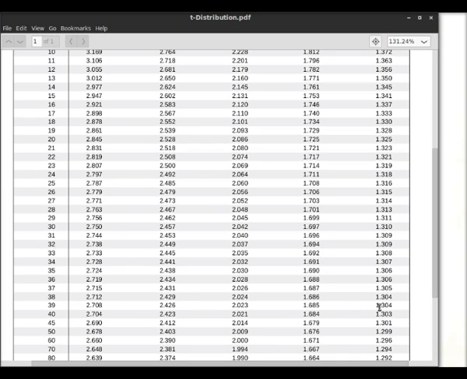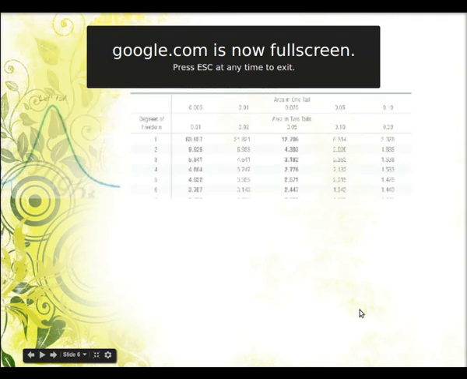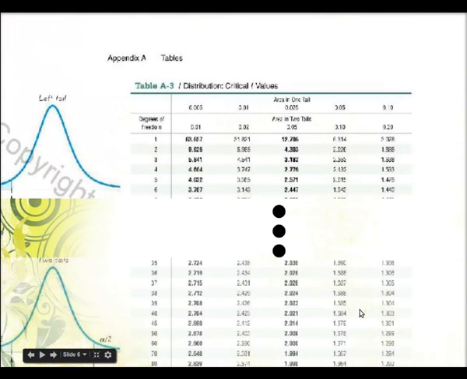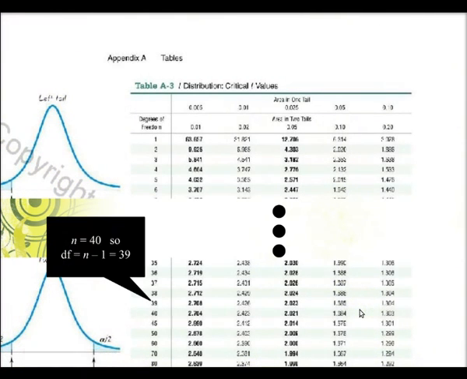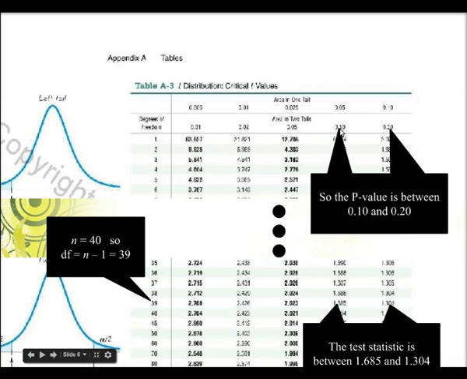But of course, notice 1.501 is not in there, but 1.501 is between 1.685 and 1.304. So in the area in two tails, that tells me my p-value is between 0.1 and 0.2.